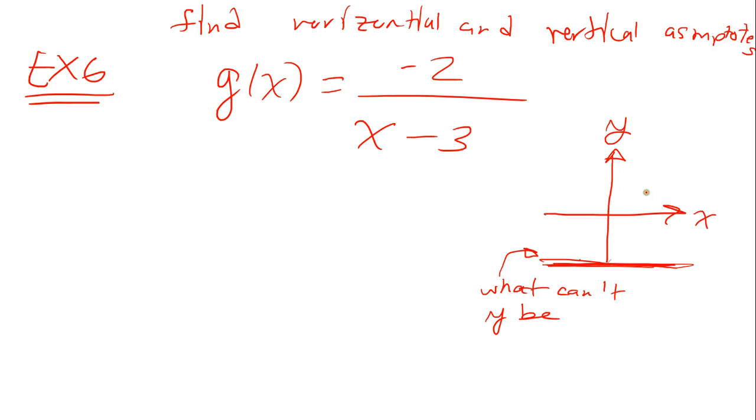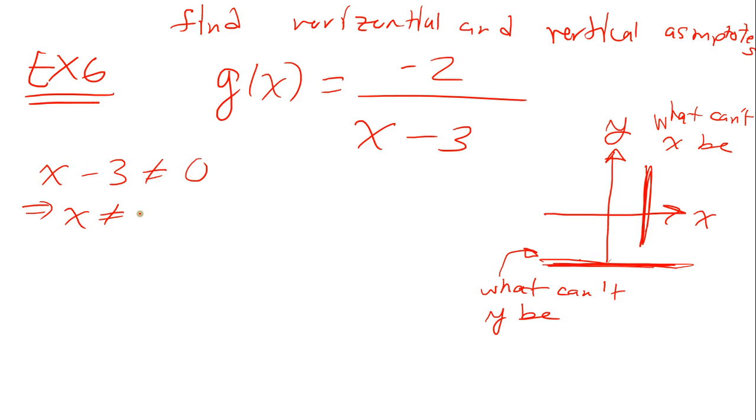And your vertical asymptote is, so basically if I look at this, I want to figure out what can't X be. I got X in my denominator, so that means that X minus 3 can't be 0, which means that X is not equal to 3.